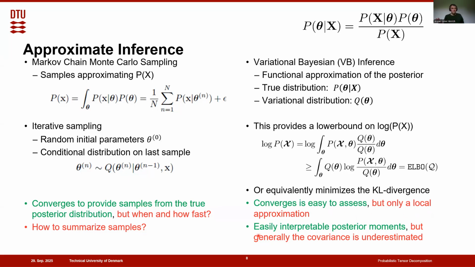It's easily interpretable, because even though you get an approximation of the distribution, you have the mean and the variance of the distribution. So you can quite easily just take the mean and use that as you would the point estimates of a maximum likelihood estimation.